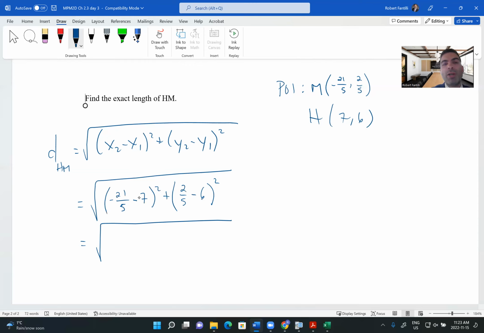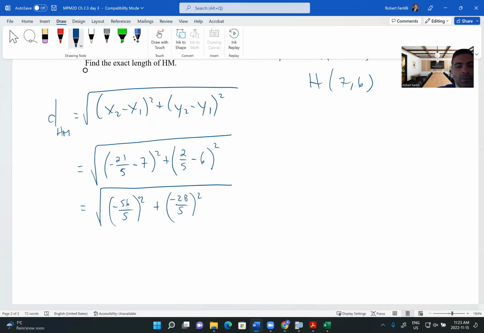So it's negative 21 minus 35. That's negative 56 over 5 squared, plus the 6 has an invisible denominator 1, so times 5. 6 times 5 is 30. So 2 minus 30 is negative 28 over 5 squared, right?